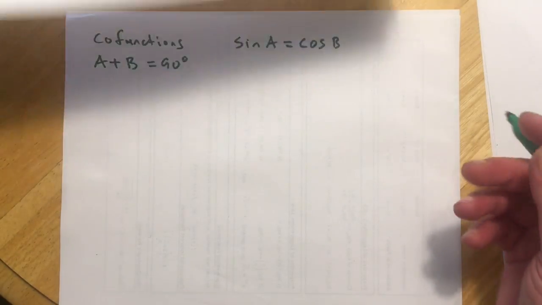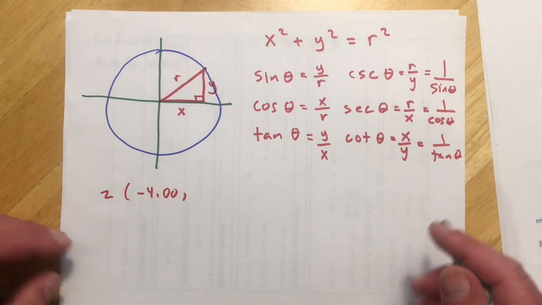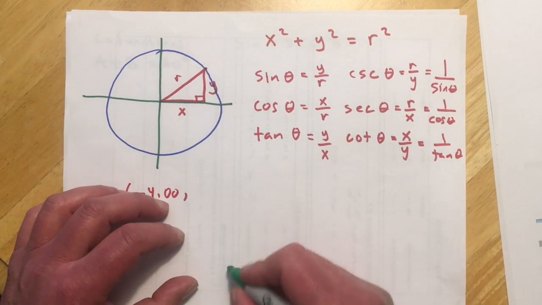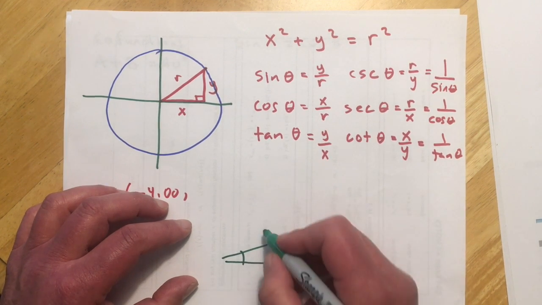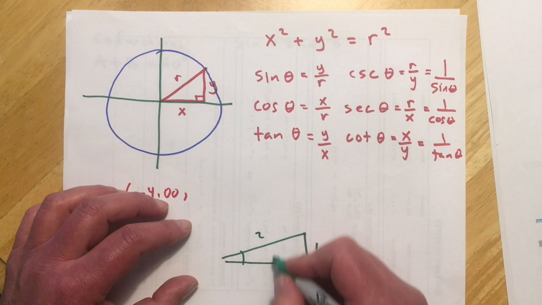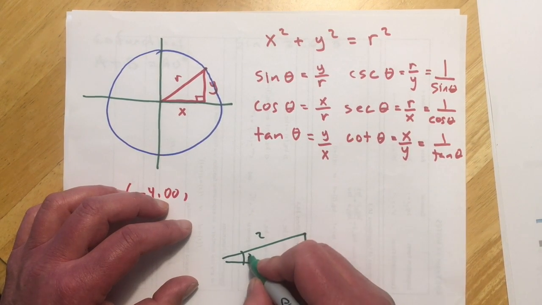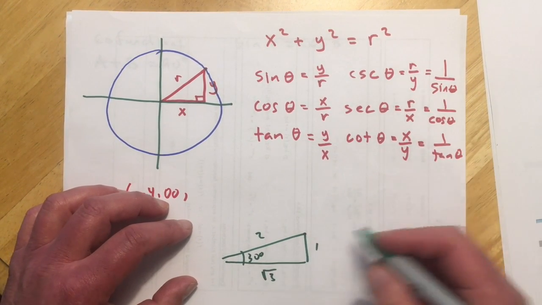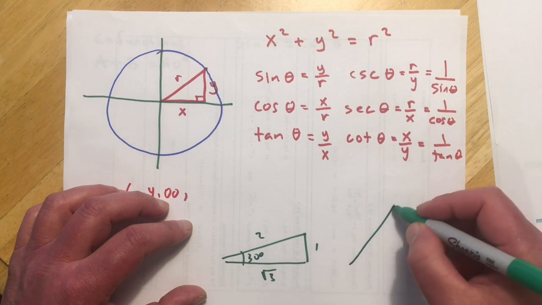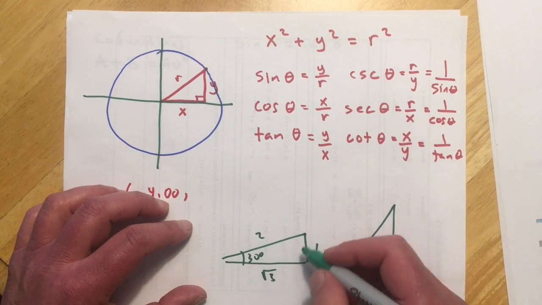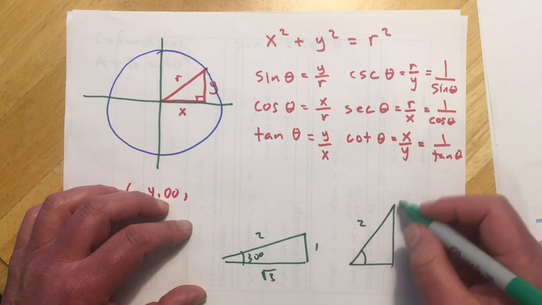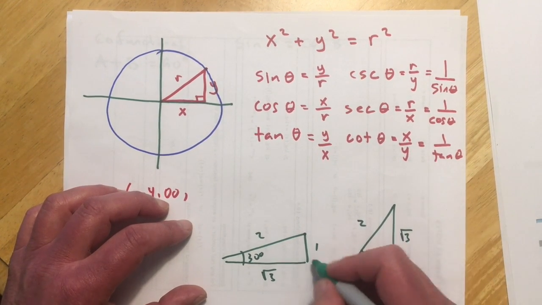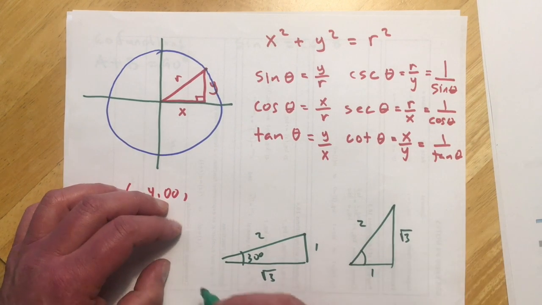And the reason for that, I'll go back to this thing. If I have a 30 degree, this goes 1, 2, square root 3 for 30 degrees. You'll need to know that just using it as for this example. And then for 60, it's the same triangle, but now the radius is still 2, but the tall side is the root 3, and then the short side is the 1.